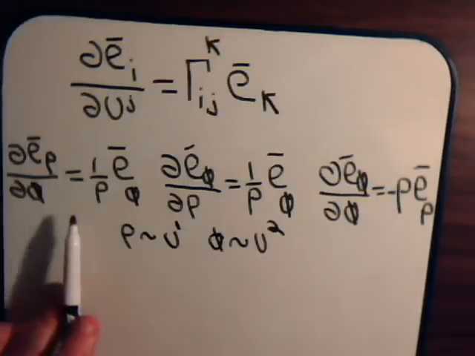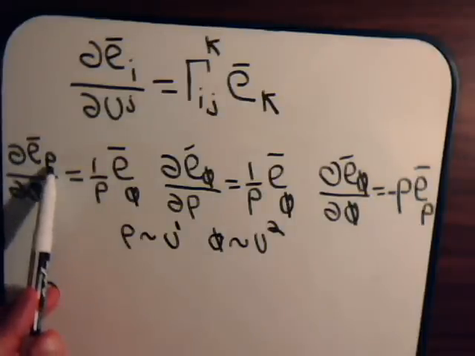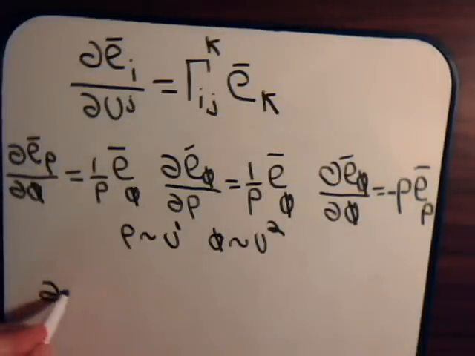Okay, so let's look at this one. What we're going to do now is put these back into the numbers. So here we have E rho, that corresponded to 1.